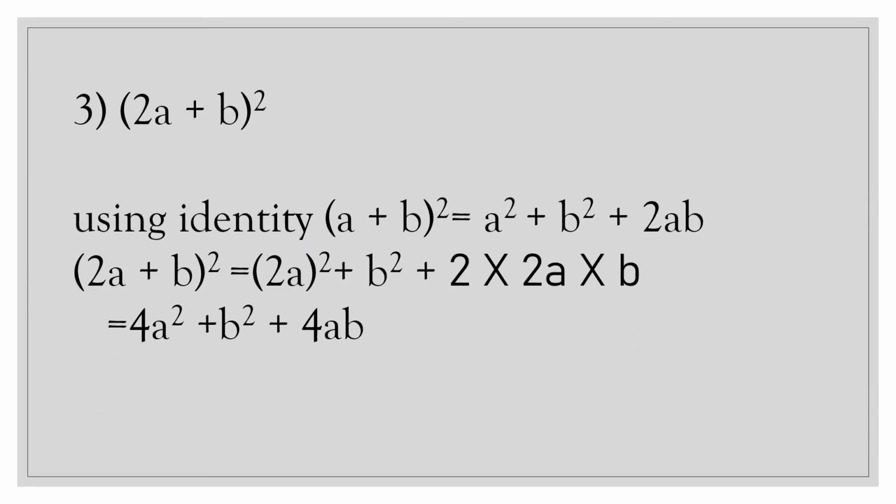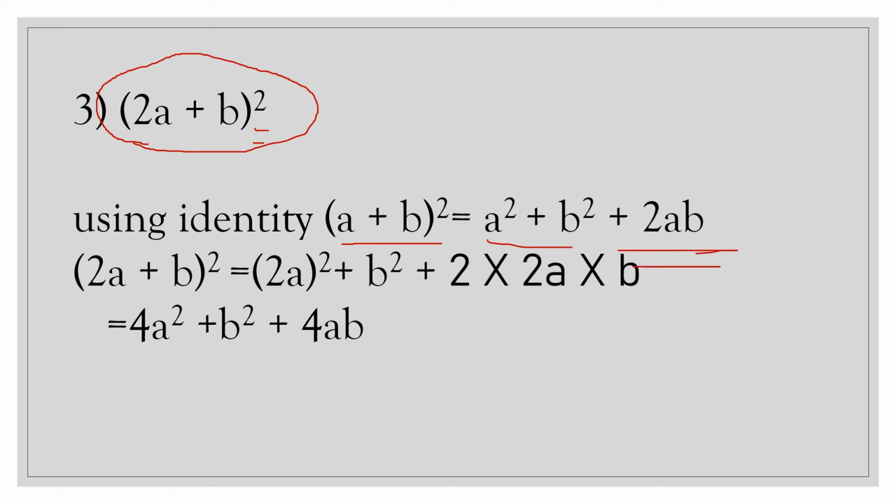Another question, that is to find (2a + b) whole square. Children, you can see 2a + b is a binomial. You have to find its square. So we will use the identity (a + b) whole square is equal to a square plus b square plus 2ab.